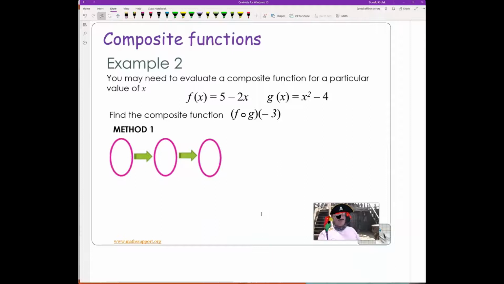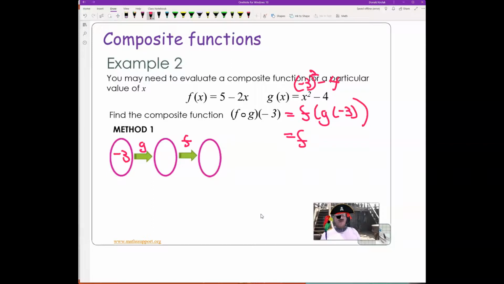Now we did this one yesterday. We did it by substituting in the number. So let's review that real quick. This right here is f of g of -3. My input is -3. So -3 goes into g, then goes through f. When -3 goes into g, I get g of -3, which is -3 squared minus 4.